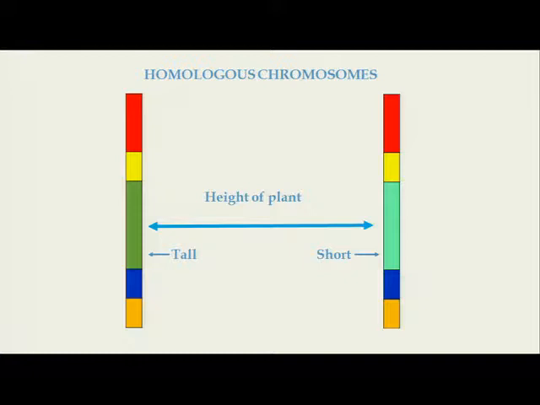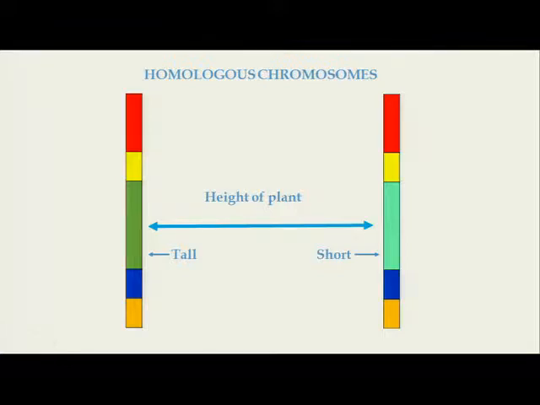It implies that, because they occupy the same position on the two chromosomes in the pair, they have to determine the same characteristic. And in this case, I used as an example height of plant. That is the characteristic. The gene there determines the height of the plant. The gene there determines the height of the plant.